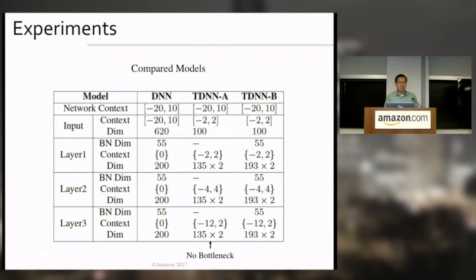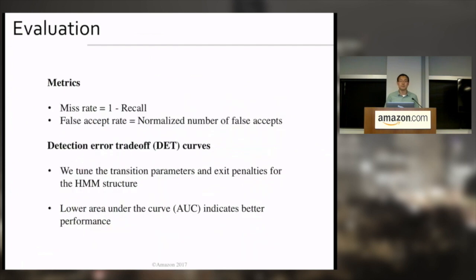Because of this, given a fixed budget, with this bottleneck layer, we are able to increase the hidden layer size from 135 to 193. And all those 3 networks share a similar training recipe, including multitask training and transfer learning from the ASR DNN, to have a fair comparison. And all the 3 networks have similar size with less than 100K multiplications.